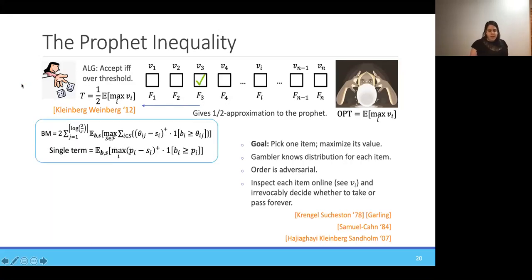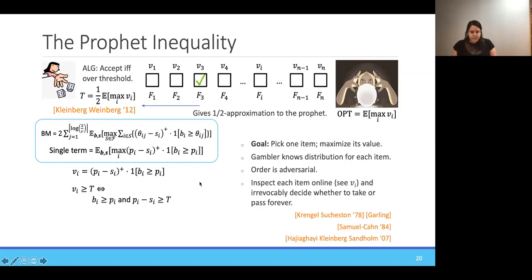And so let's go back to looking at our benchmark, that one component of our benchmark. That single term that we wanted to deal with looked like this, where I've taken out the theta and called it pi. Okay, so we're going to, again, translate our Vis for the prophet inequality into this term from the benchmark.